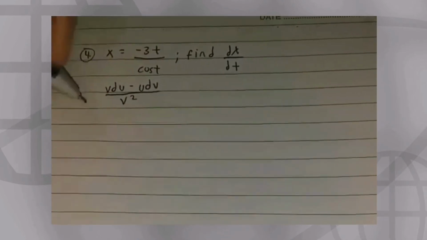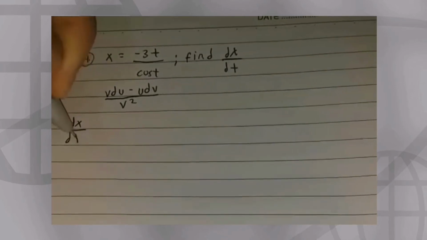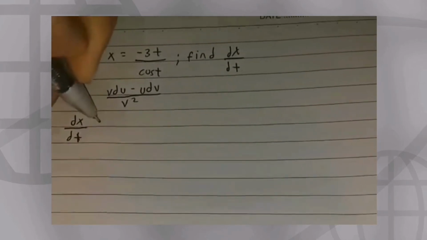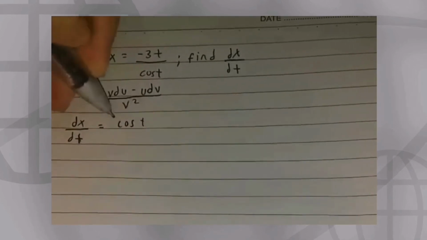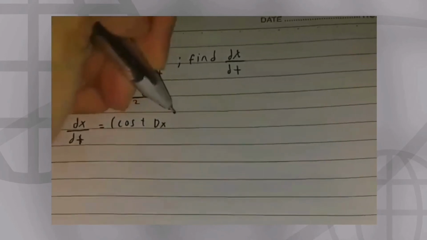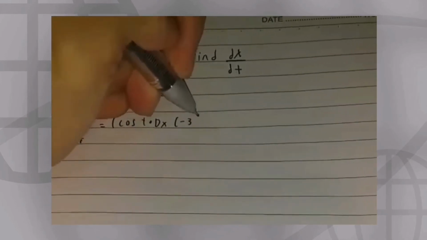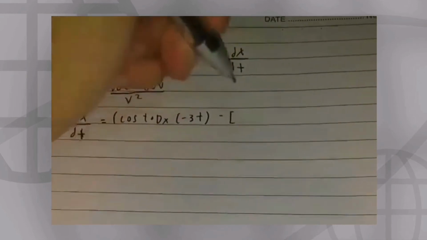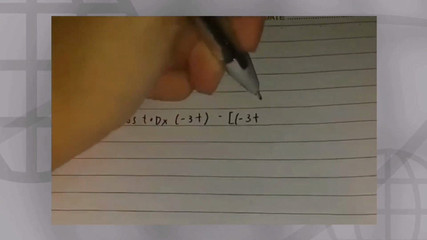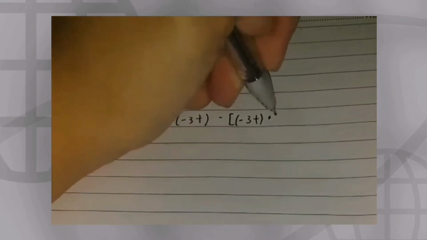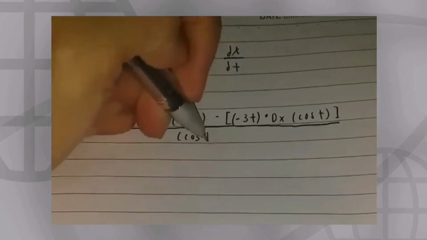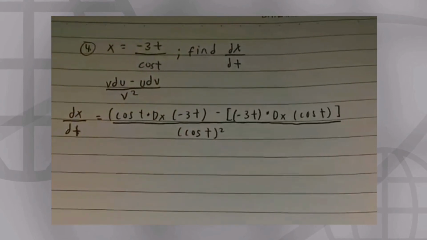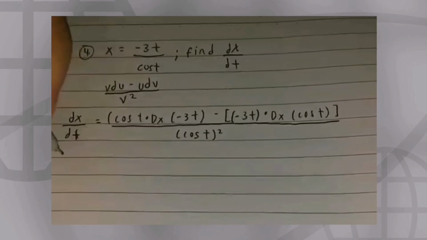So the equation will be dx over dt is equal to cos t times the derivative of negative 3t, minus negative 3t times the derivative of cos t, over cos t squared.